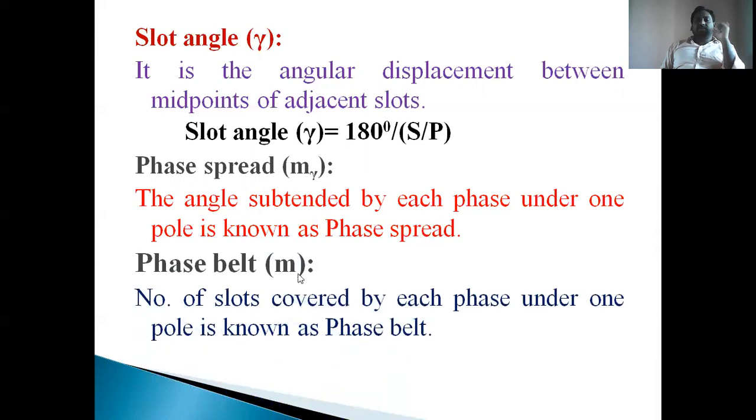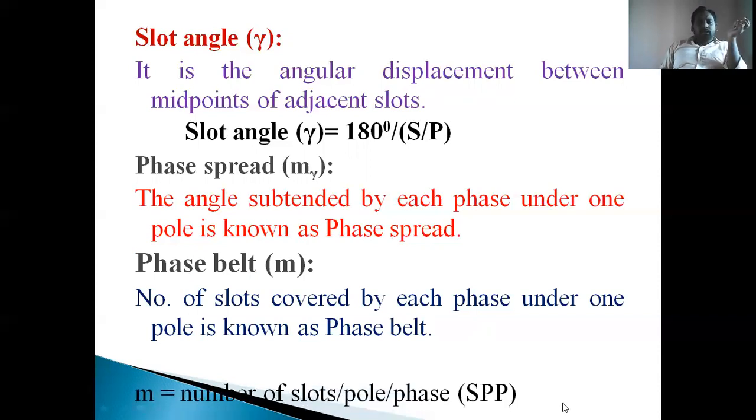Next, phase belt, which is important. See here, it is the number of slots covered by each phase under one pole. For example, the machine is having 20 slots, the number of poles is 4, and the number of phases is 3. So what does the phase belt mean?